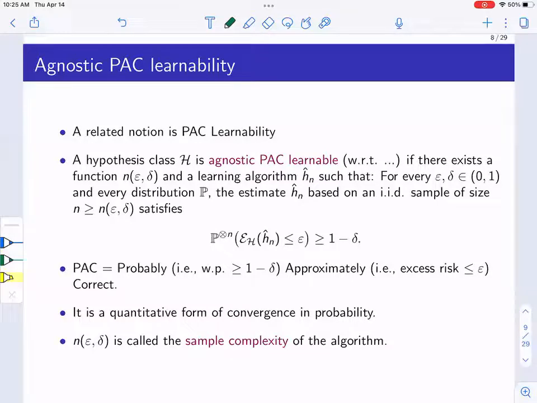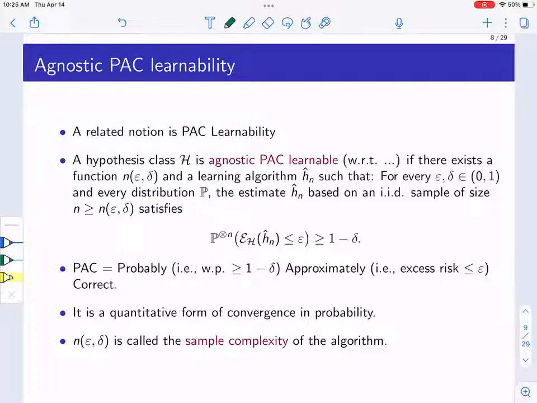And there's a learning algorithm such that for every epsilon and delta in (0,1), and every distribution P on that underlying space, the estimates that this learning algorithm produces, based on an i.i.d. sample of size at least this much, satisfy this inequality, which is saying that the excess risk within that class of that estimator is less than epsilon with probability at least 1 minus delta.